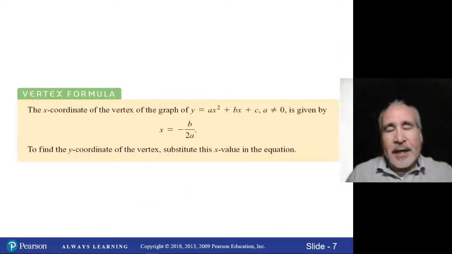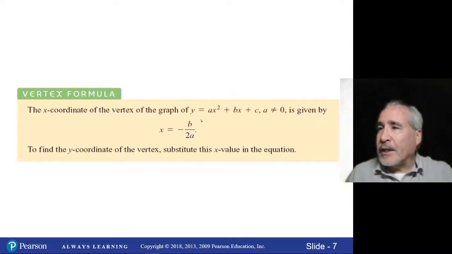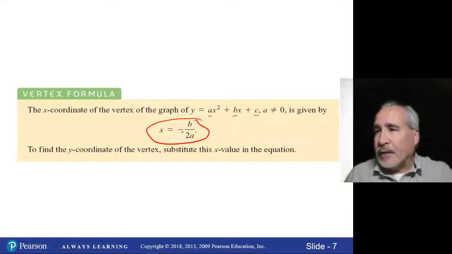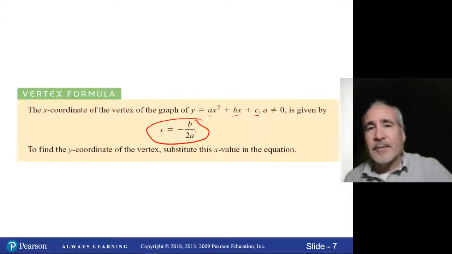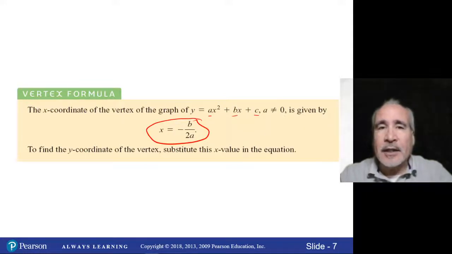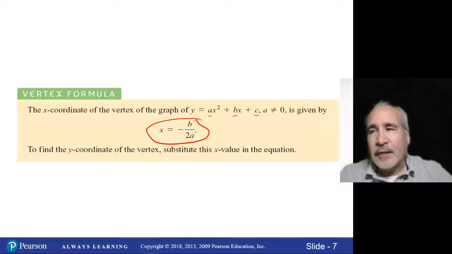So one way to find the vertex, if we don't have a good graph already drawn, is this little formula. And again, all we have to know is the coefficients. Actually, all we need is a and b. It's minus b over 2a. So once we know b, we put that there, a goes down there, and that will give us the x-coordinate of the vertex. Then to get the y-coordinate, we plug it back in for x. Or we use our graphing calculator, and there's a feature involved in that.